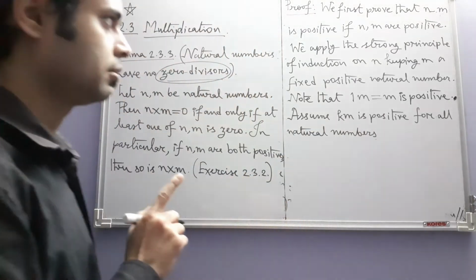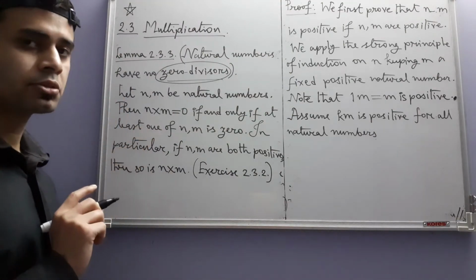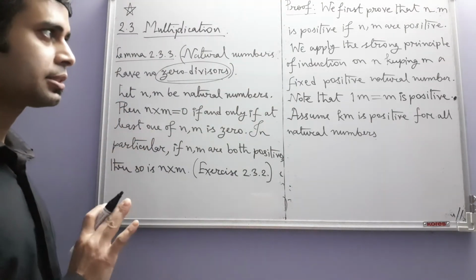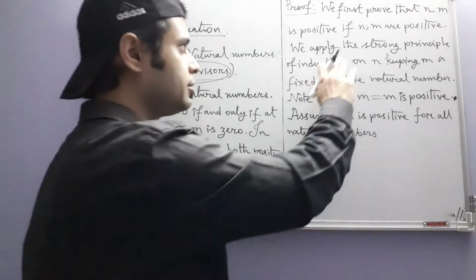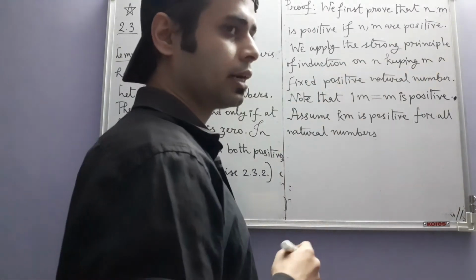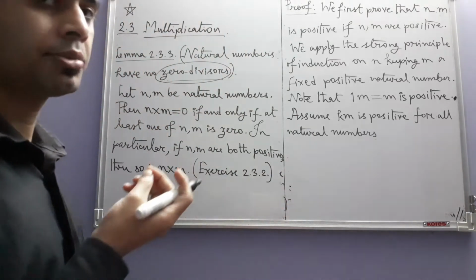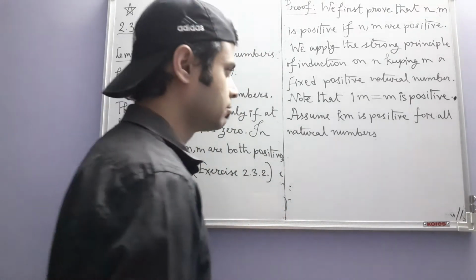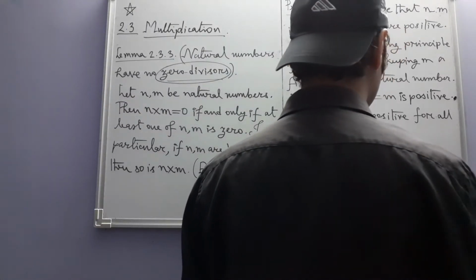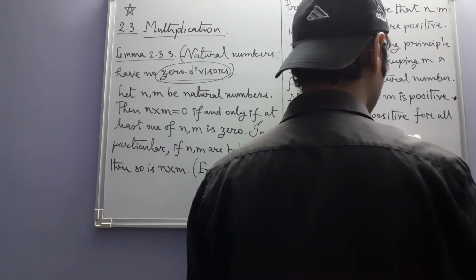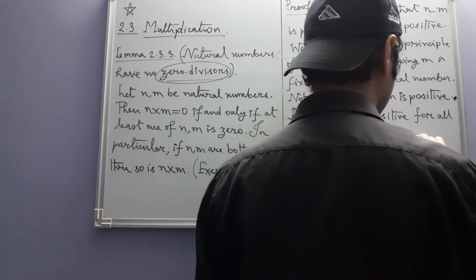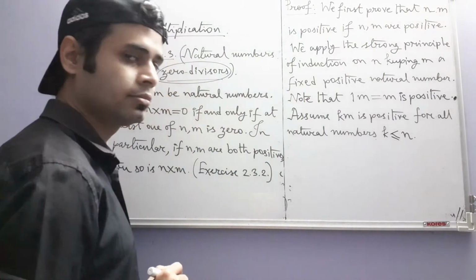Remember, we are applying the principle of strong induction or strong principle of induction, same thing. Some people call it principle of strong induction, same thing. Since we are applying that, our induction hypothesis is the stronger one: km is positive for all natural numbers k less than or equal to n.